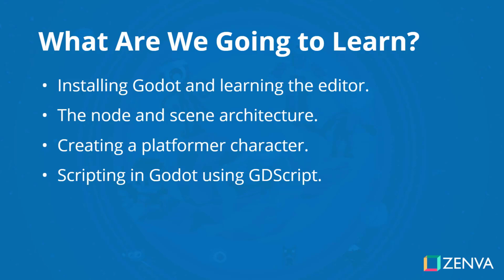Now, something you do need to know about this course, there is a slight requirement of some sort of programming knowledge. You don't need to understand everything about programming or be fluent in a certain language. You just need to understand the basics of programming logic, such as the concept of functions, variables, and how they work with each other.